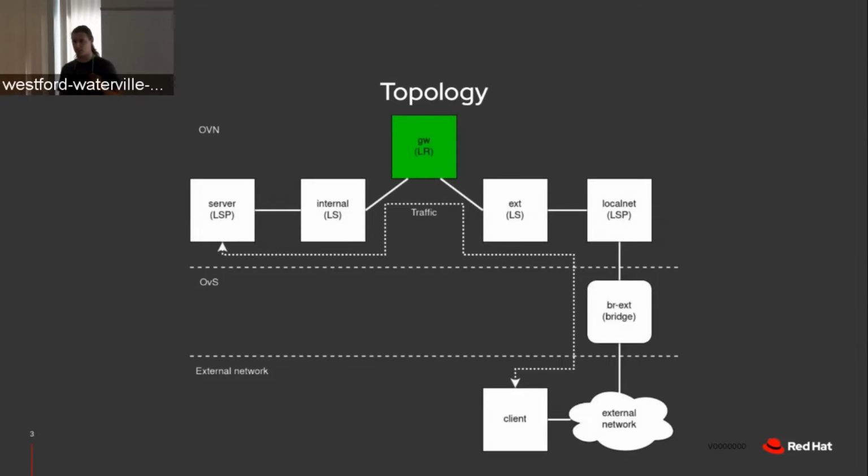But when the traffic goes back, the server replies, it goes to the gateway, but the gateway doesn't necessarily know the MAC address of the client. That's basically where we need the MAC binding.